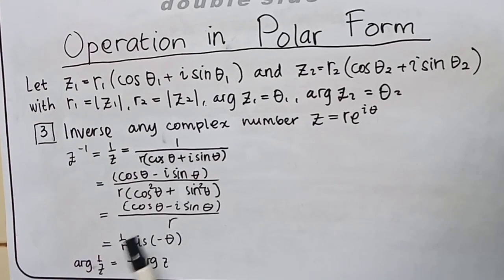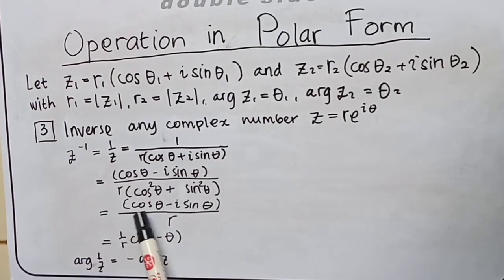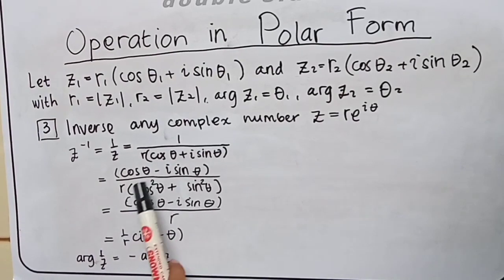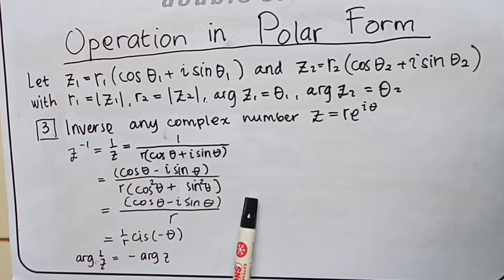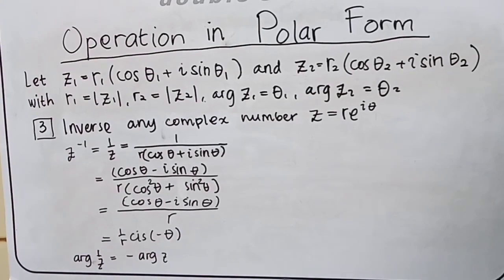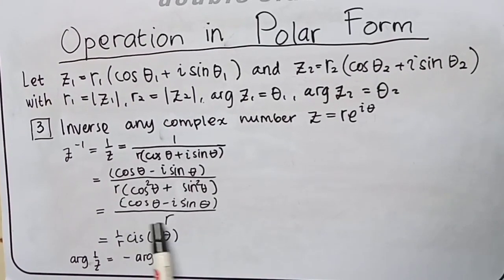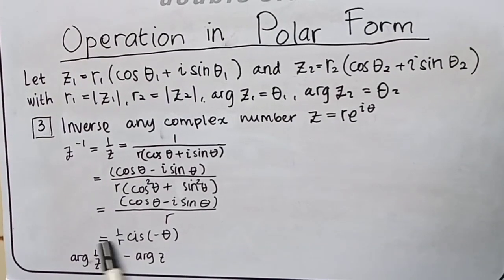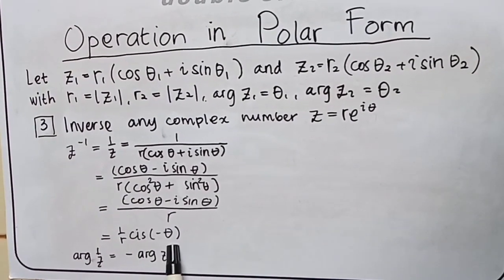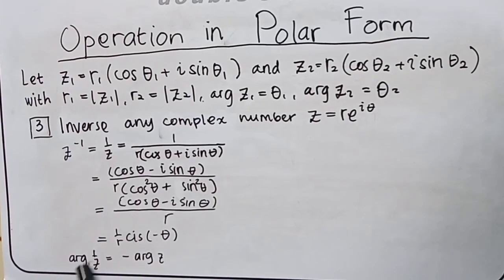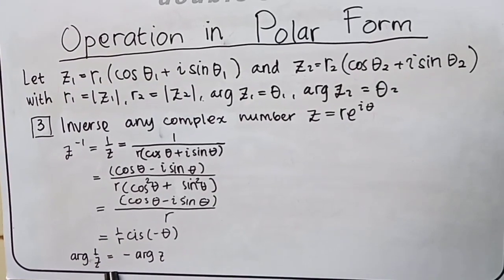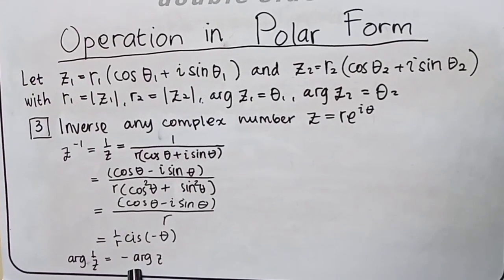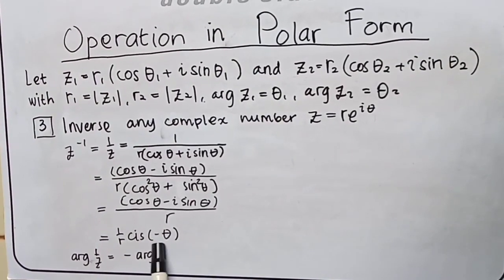Because the denominator's trigonometric part equals 1 according to the trigonometric identity, we get only R. So here we get 1 over R cis(minus theta). And for arg, arg(1 over Z) equals minus arg Z, since theta is negative.